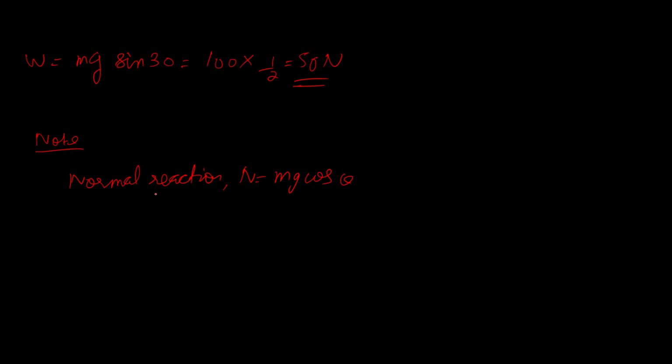So we can conclude: if you want to find the weight, we can use W is equal to mg sin theta, and if you want to find the normal reaction, we can use N is equal to mg cos theta. What is this theta? Theta is the angle of inclination. Everyone, please write it down.